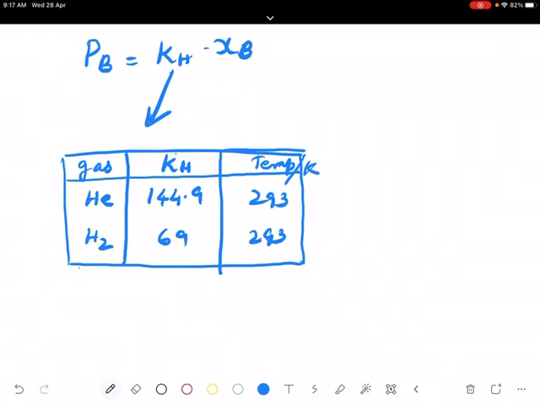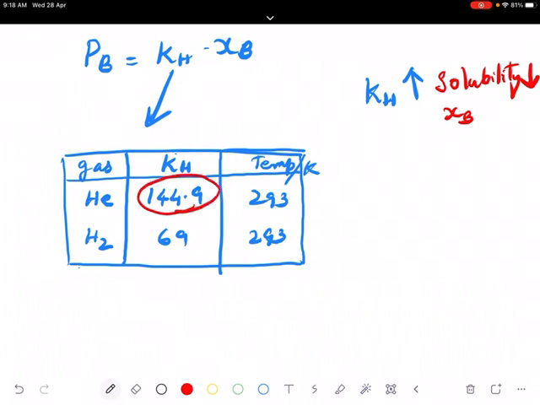So which is more soluble? Looking at the KH value, you can say which is more soluble. As KH increases, solubility decreases. Solubility means mole fraction, XB. So, KH for helium is very high compared to hydrogen.